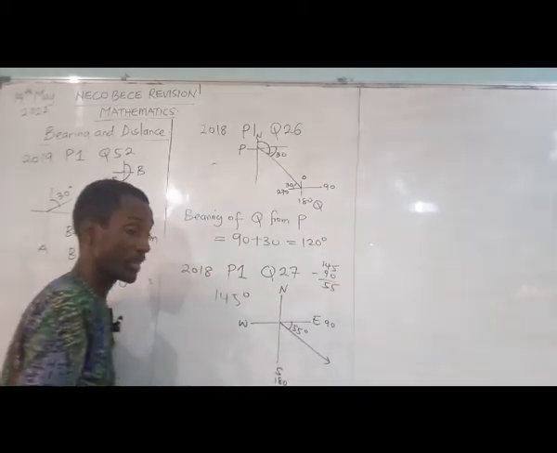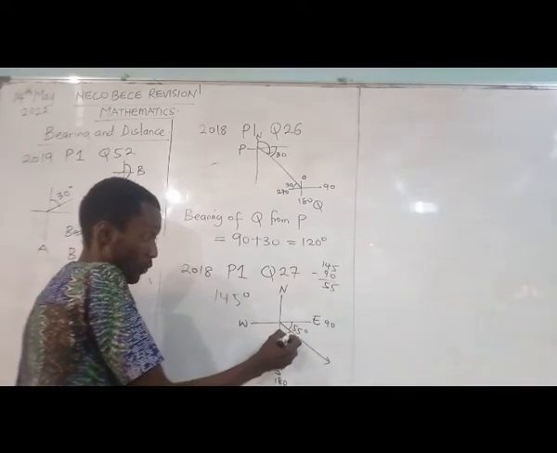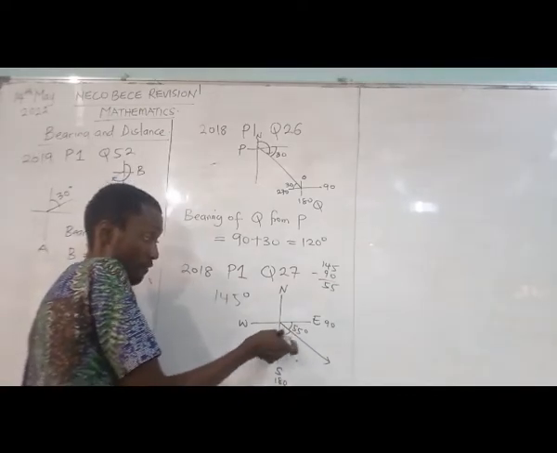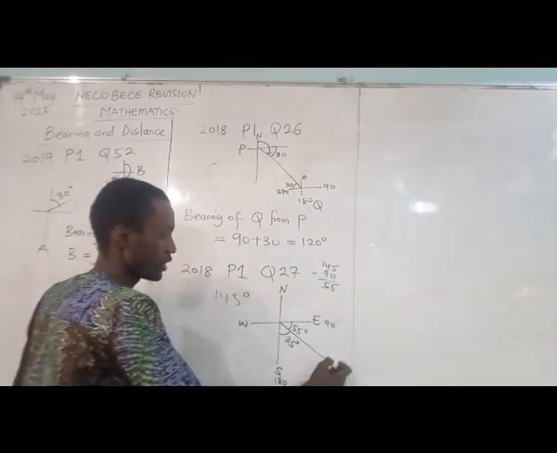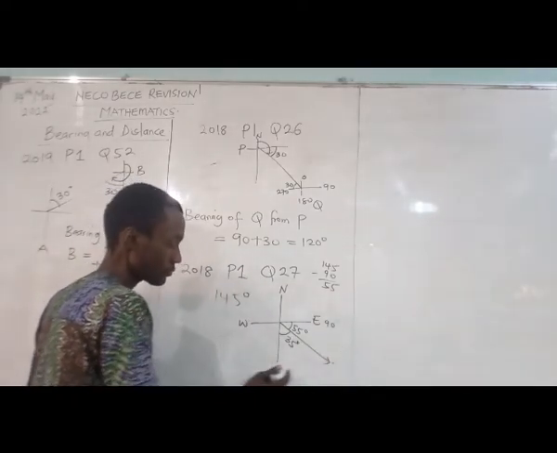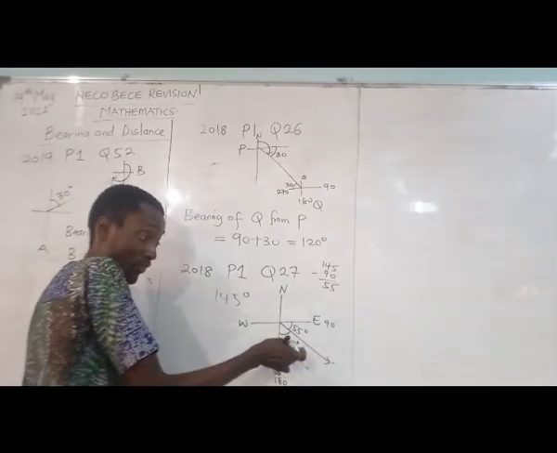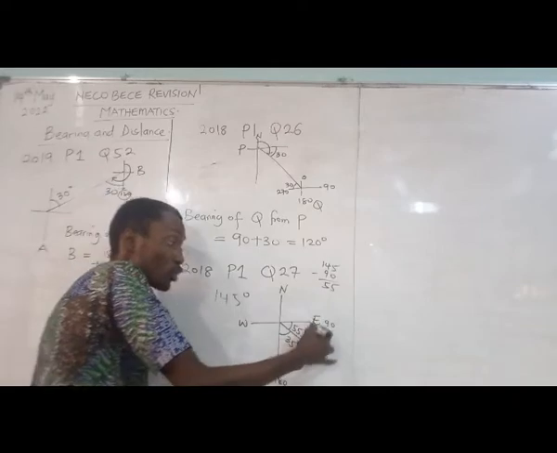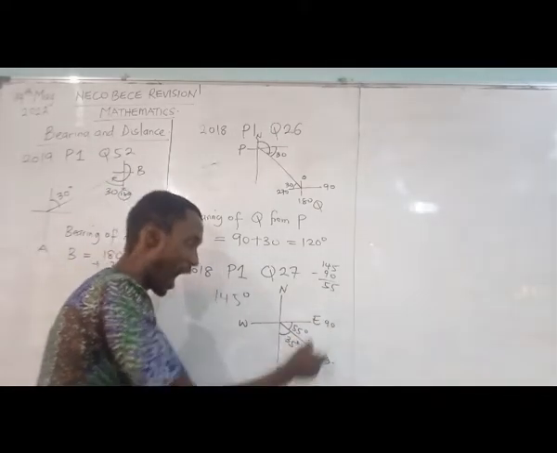Are you seeing that? And if this is 55, it means that I'll be left with 35. 35 plus 55 will give me 90. So this is south, going towards east. So the answer will be south, 35 degrees east. Please don't use this angle.